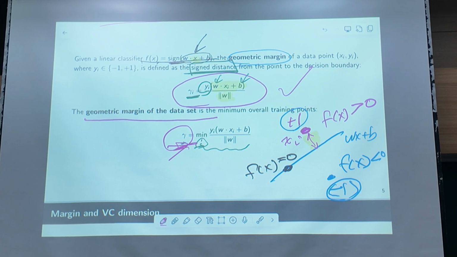Here is the distance of a line, Wx plus B. X is the data, W is the gradient, B is the y-intercept, and all these things are vectors. So that's a linear classifier, a hyperplane I should say.